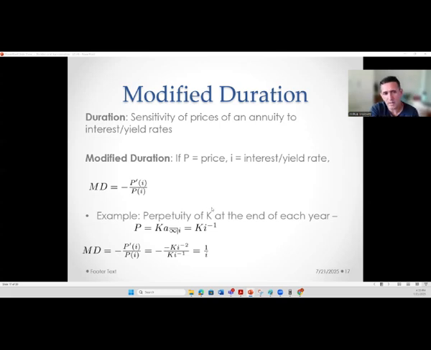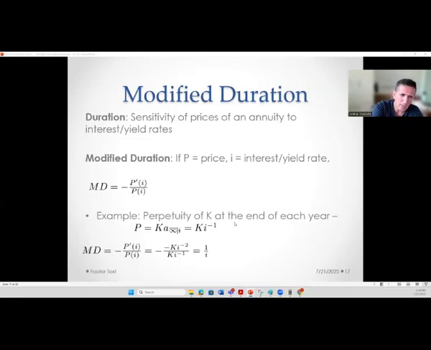And then if I needed the modified duration of a perpetuity of constant K at the end of each period, I would just remember the price is this, and therefore modified duration is just minus P prime over P, which turns out to be 1 over I. That would take me literally 5 seconds to do. But if you prefer to memorize versus derive, it's up to you. I'm just terrible at memorization, so just do whatever you're better at.